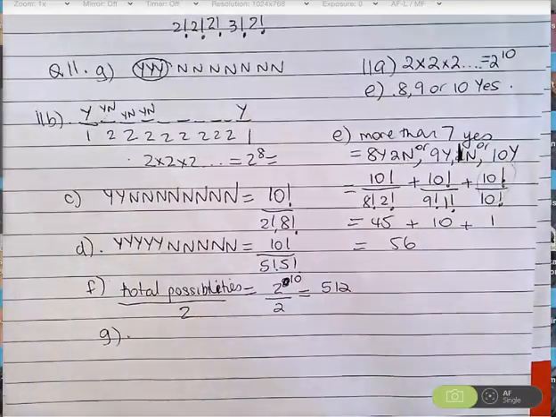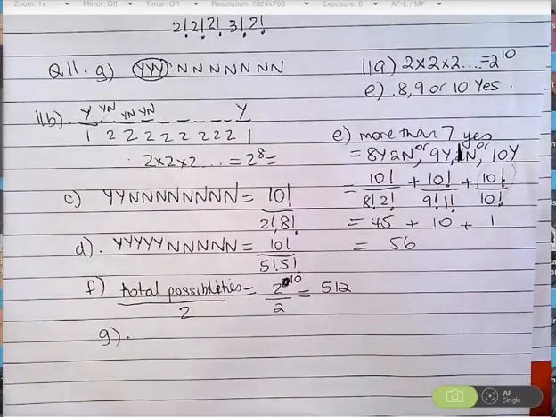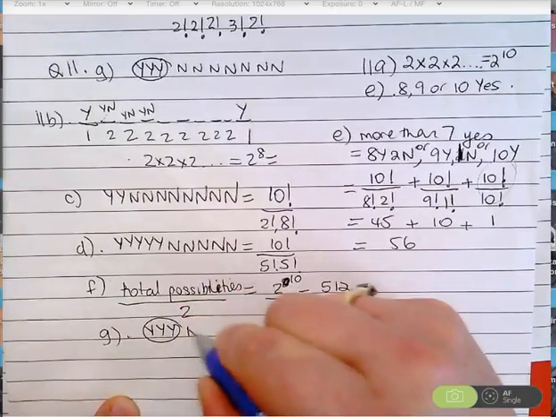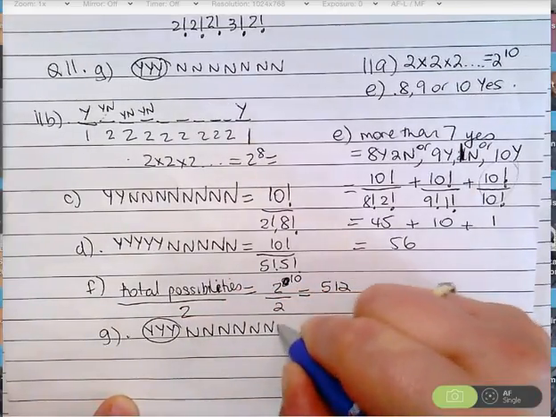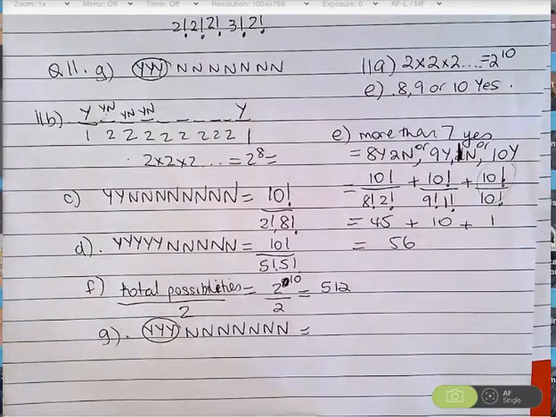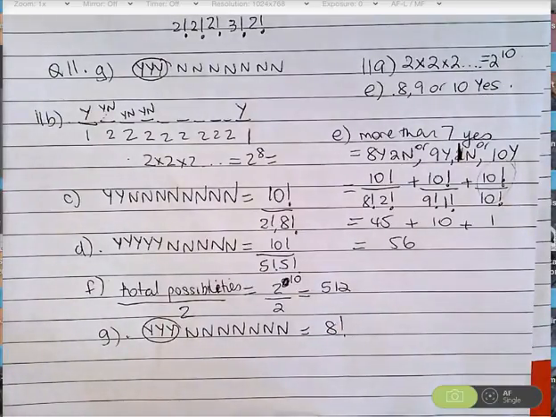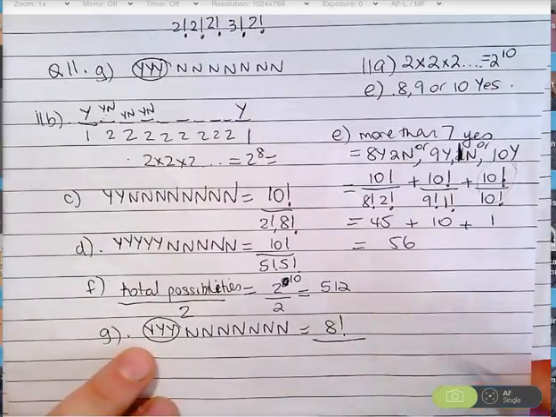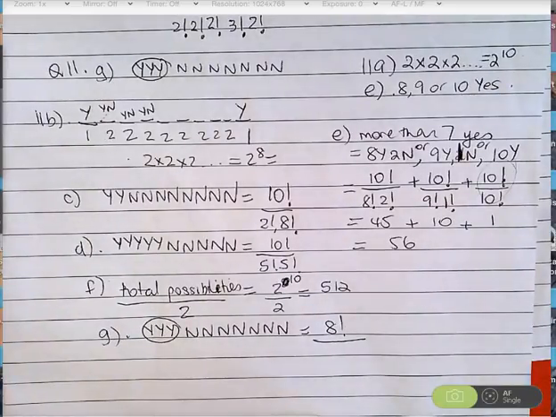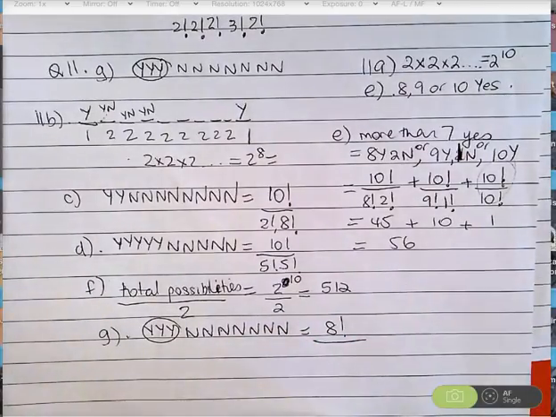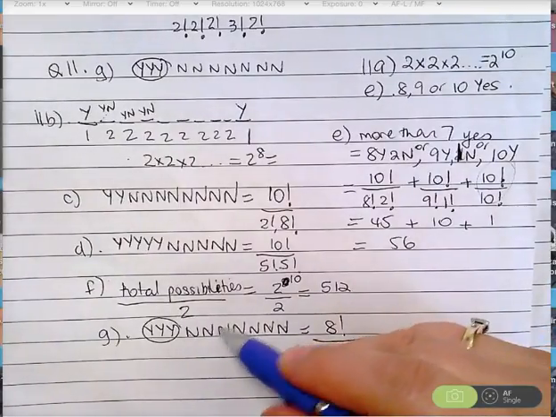G. Now, if exactly 3 answers are yes and they occur together, they're a group, and then you've got the other 7 nos. So you're ordering 8 things. 8 factorial, because you're ordering 8 things, over the repeats of the nos. So 1, 2, 3, 4, 5, 6, 7.